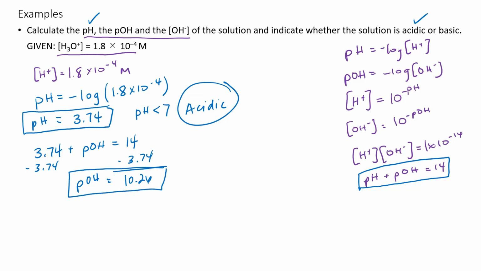And then the last part that I need to calculate is the hydroxide concentration. So to find hydroxide concentration, I can either use this or I can use this, because I have both the pOH and I also have the H. I like to use this. It's faster on my calculator.